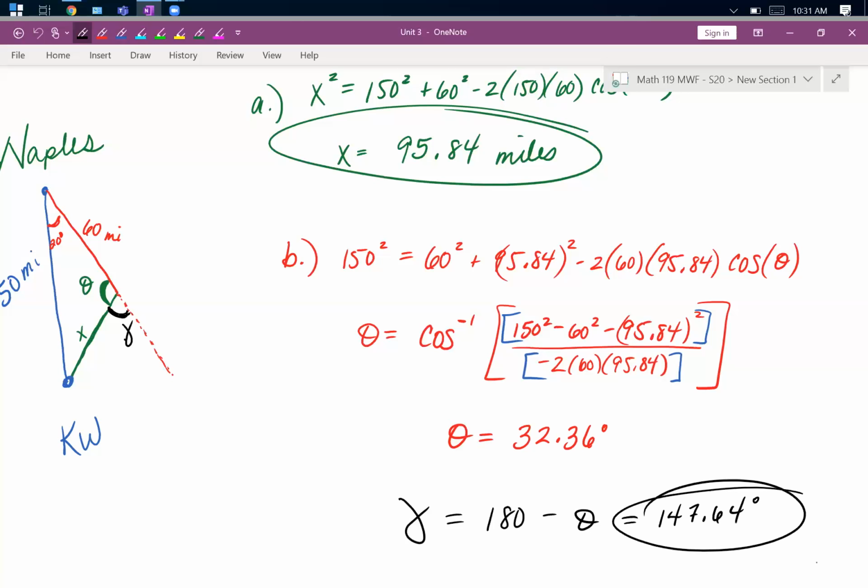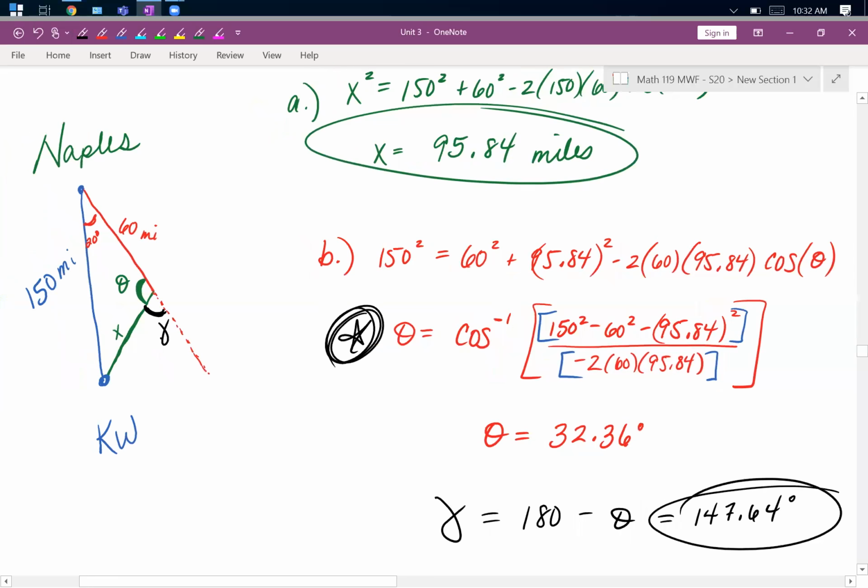I was wondering how she got 32. Never mind, I see it now. Wait, what? When I plugged inverse cosine in, it gave me 147. That's what I got too. Let me make sure I didn't write it down wrong. Well, weren't we solving for theta though?